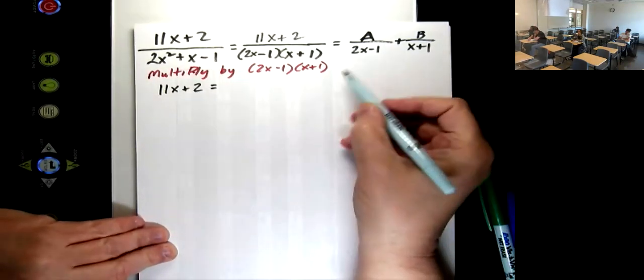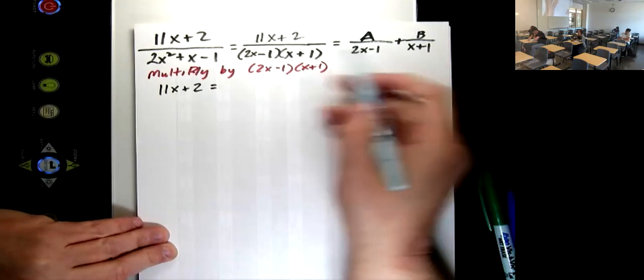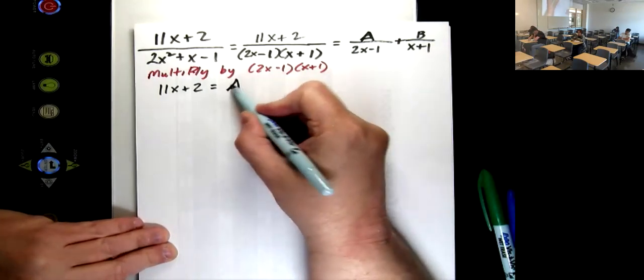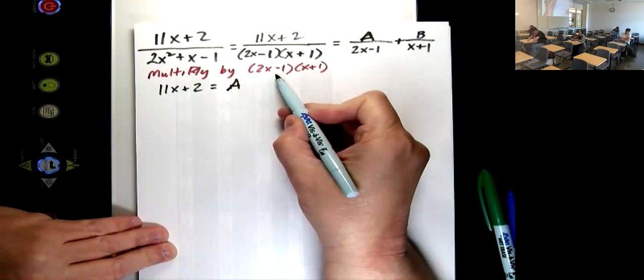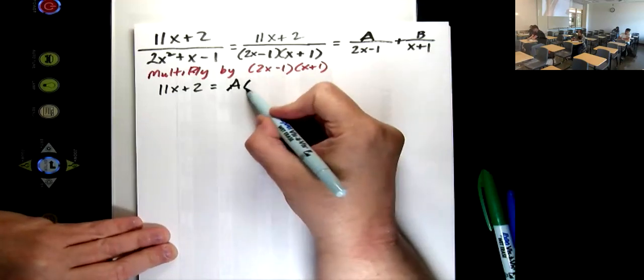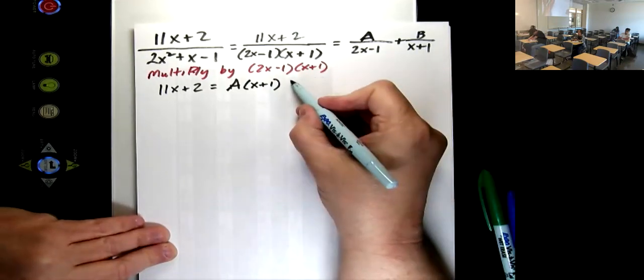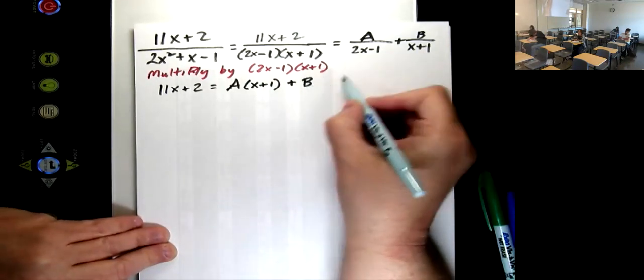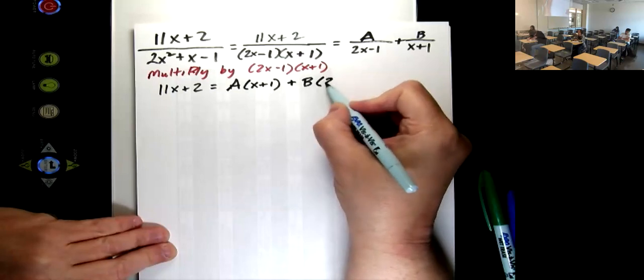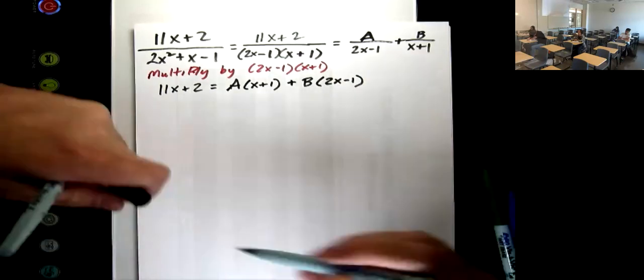On the right side, the a term, the 2x minus 1 gets wiped out, but the x plus 1 stays. And the b term, the x plus 1 gets wiped out, but the 2x minus 1 stays.